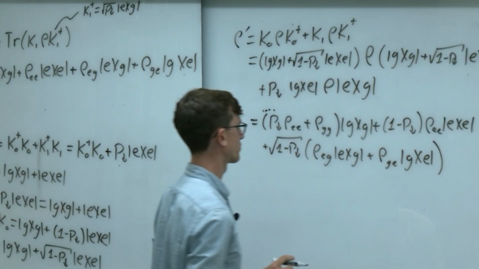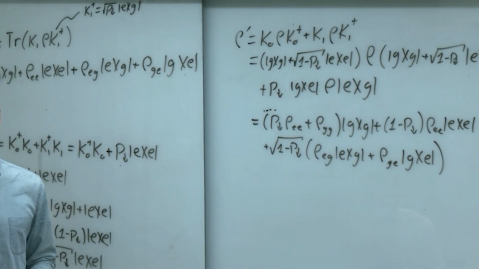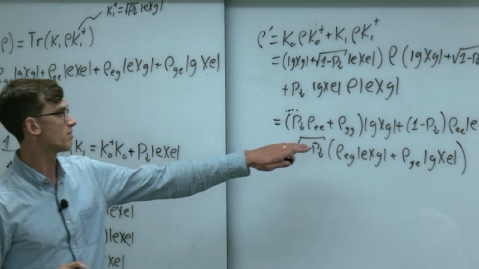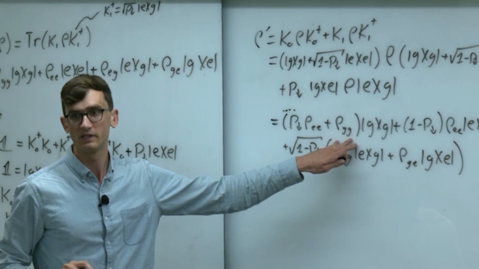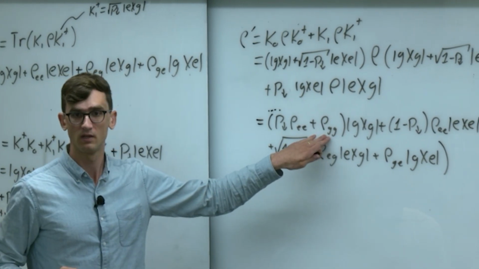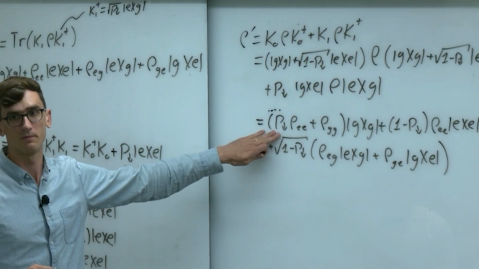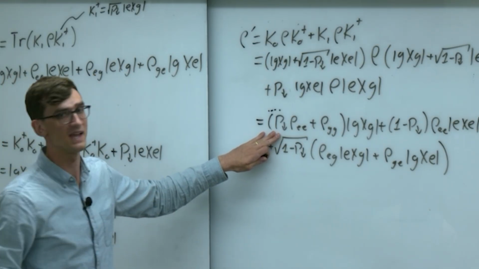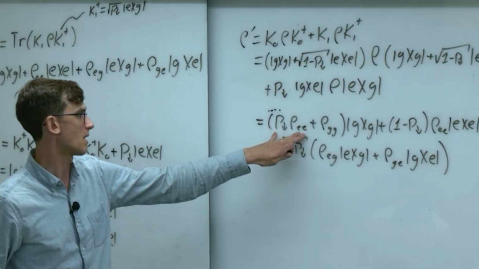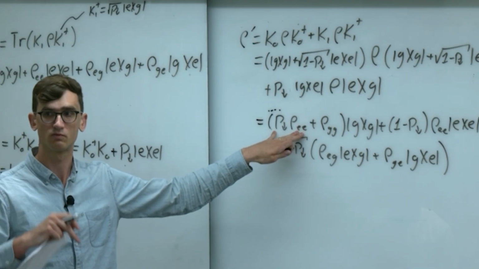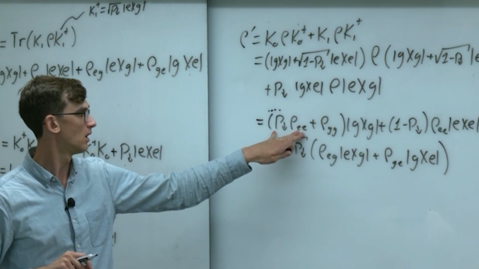So we can understand where each of these terms is coming from, right? The probability that I'm in the ground state is given by the original probability that I was in the ground state, plus this additional term that comes from the fact that I can decay into the ground state with the probability p down times rho EE, as we discussed.